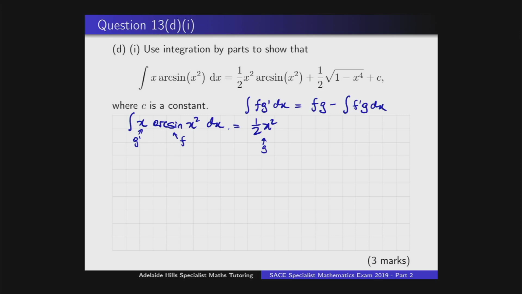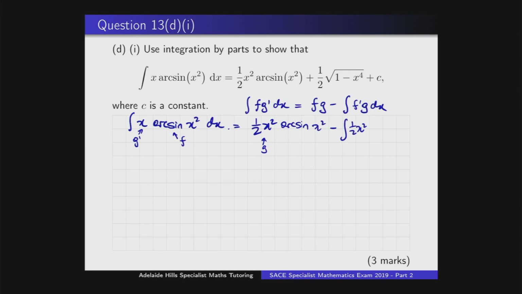Our f is still arc sine x squared, and then we're going to have a minus sign, and we're going to have to integrate g, which is 1/2 x squared, times the derivative of our arc sine x squared.